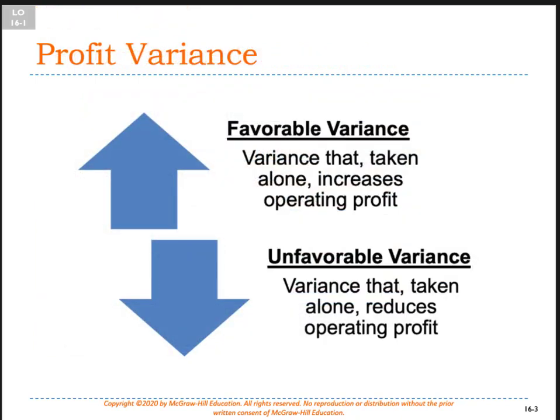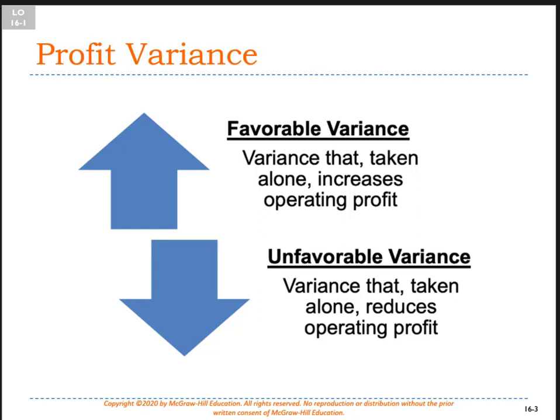Okay, a favorable variance is one that would increase our operating profit or decrease our costs, okay, which also increases our operating profit. Unfavorable variance, okay, reduces operating profit or increases costs. We paid more. Okay? So variance by itself is not positive or negative, but we have favorable and unfavorable.